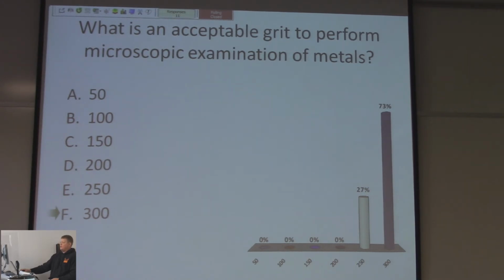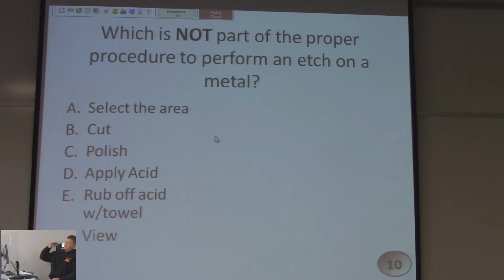Do you remember the range? It was 270 to 600, I believe? 240 to 600. All right, so technically that one's right too. Whoops, I thought it was 270. So 27% of you were right too. Everybody was right. Moving on. The higher the grit, the better the actual etch will be, all right?